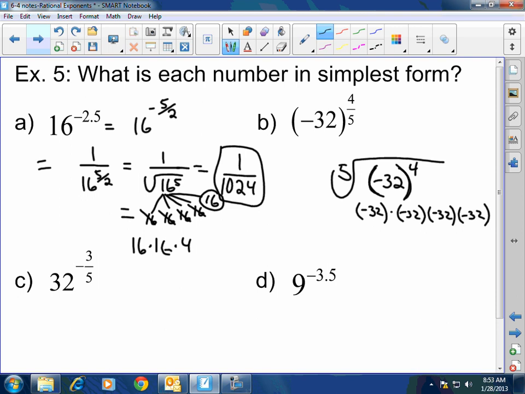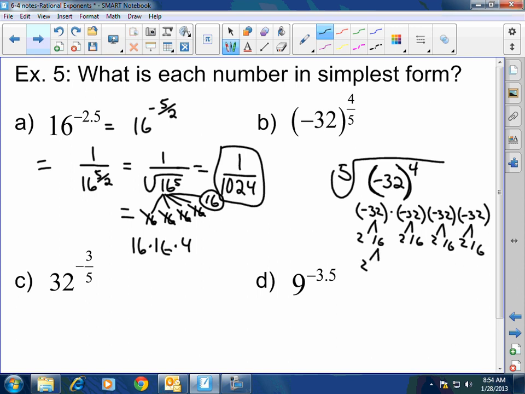Now, in this case, we know that 4 negatives multiplied together, we're going to have positives. So we eliminated the negative problem right there. 32. This is going to be 2 times 16, 2 times 16, 2 times 16, 2 times 16.